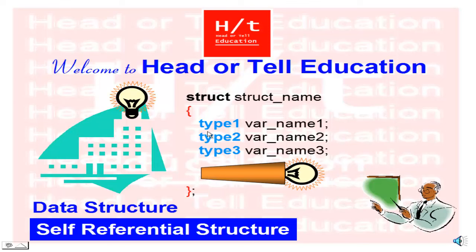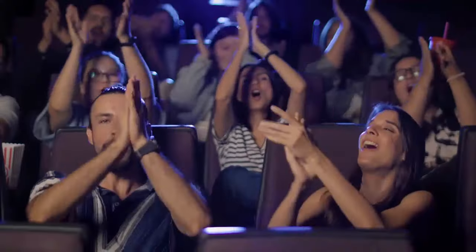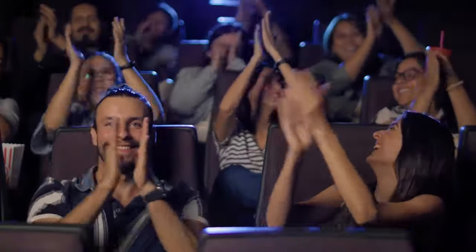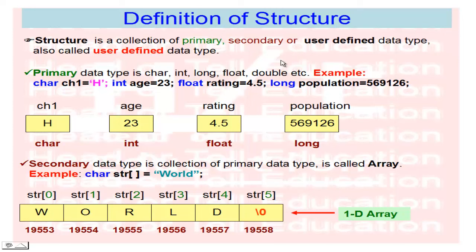Today our topic is related to data structure, and in data structure our topic is self-referential structure. First we understand the normal variable and array, or we can say secondary variable or secondary data type.